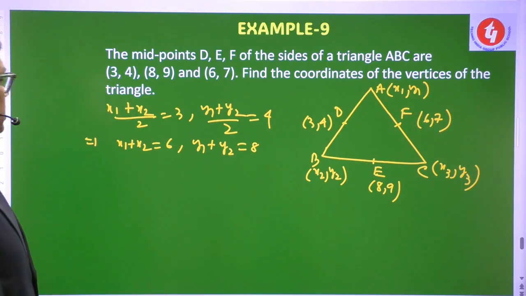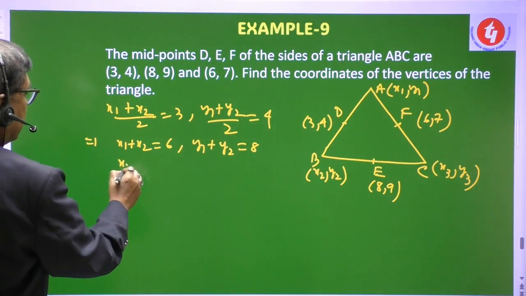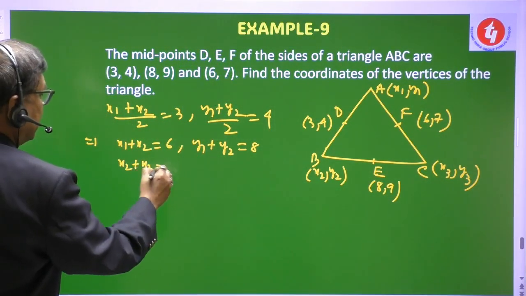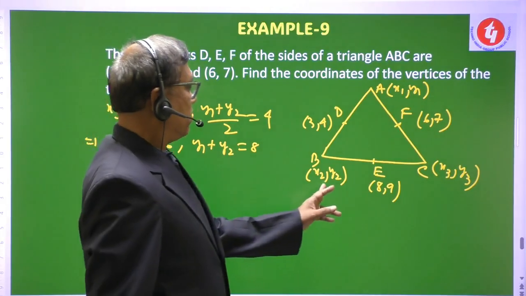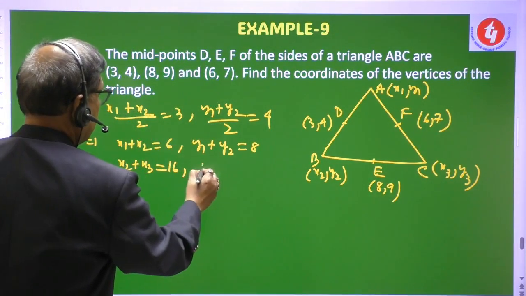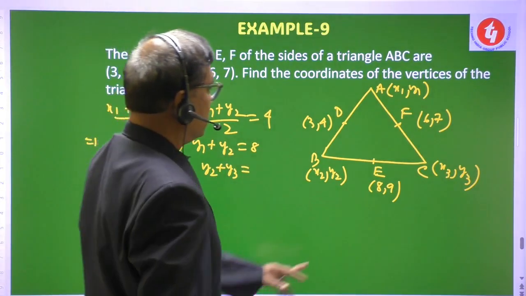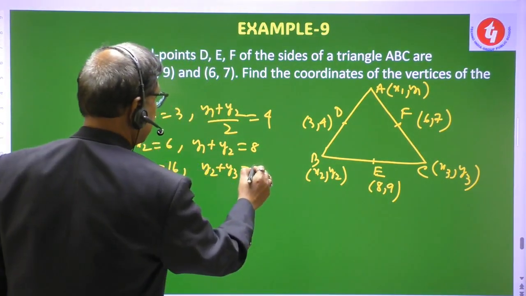Similarly, for these 2 points, we'll get x2 plus x3 by 2 equal to 8, that means 16, and y2 plus y3 by 2 equal to 9, that means 18.